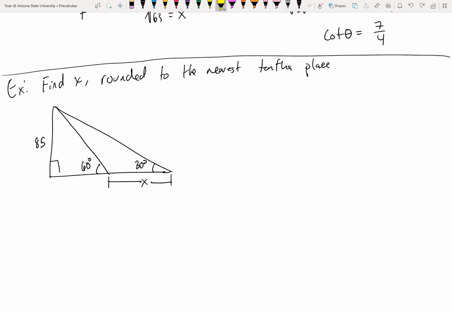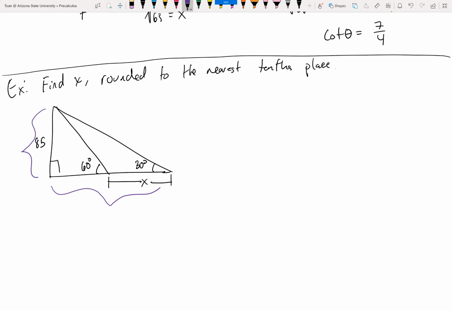So when the side length that you're solving for is not part of a right triangle, you have to ask yourself, is the thing that I'm solving for a part of another side that is a part of a right triangle? And I hope we can see that this x here, this length here that I'm solving for, is a part of this length, which combined with this side is a part of a right triangle.